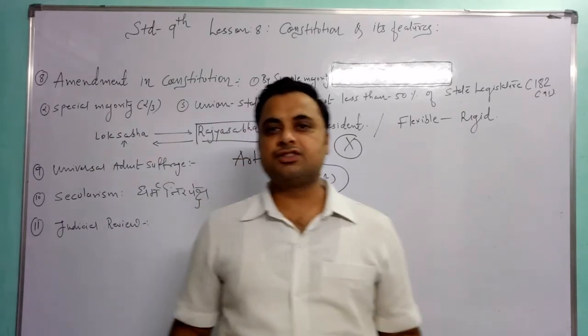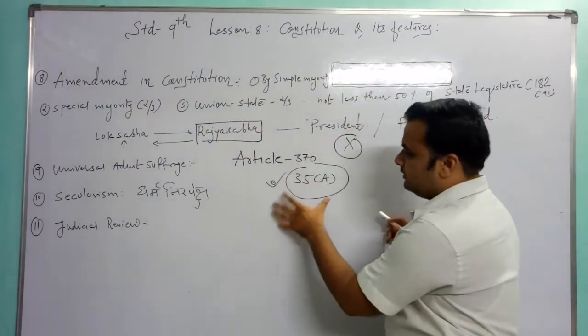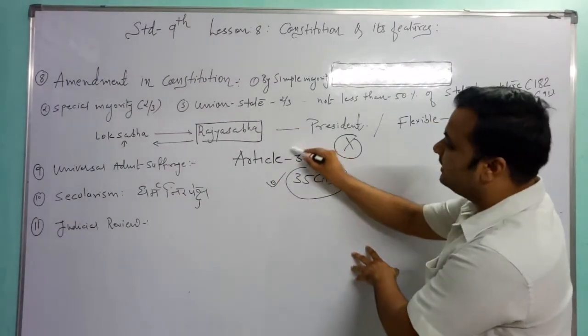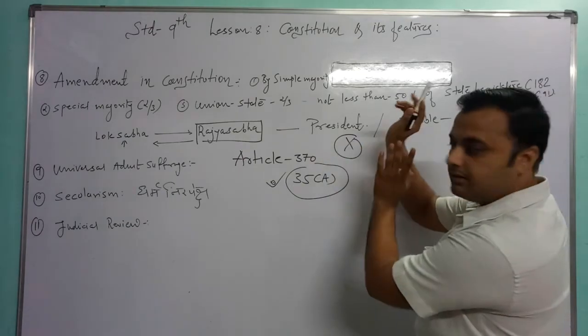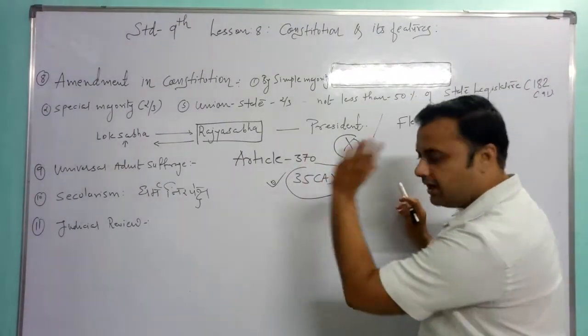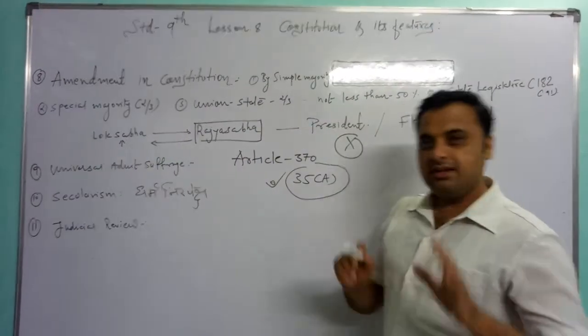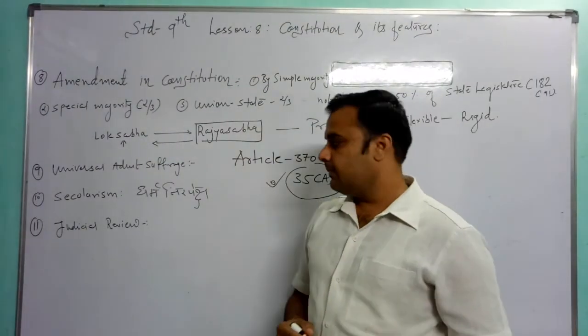And that article is a subsection of the article 370. The article 370 is the main. ये उड़ गया तो ऑटोमेटिकली ये भी हट गया. So the removal of the article 370 is perfectly in the constitutional way.